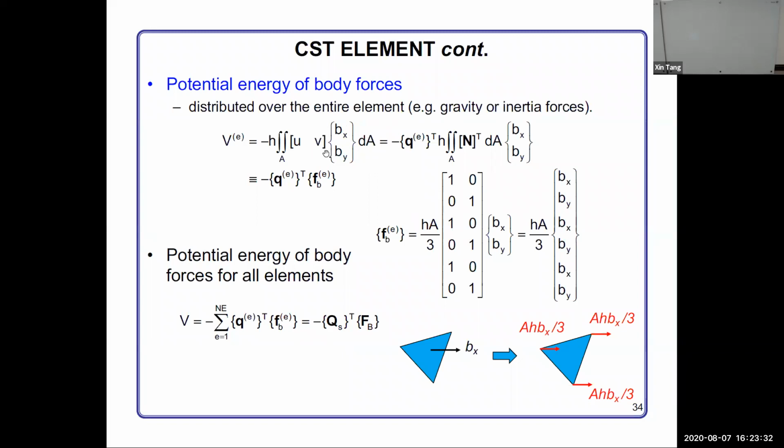So here we will have the degree of freedom, the body force matrix, and then dA for the integration. Because the thickness is constant, we have the H in front of the integration. Then we will have Q for each element, Q E transpose, because this is a constant, we can take it out.